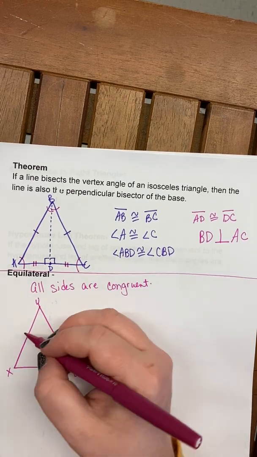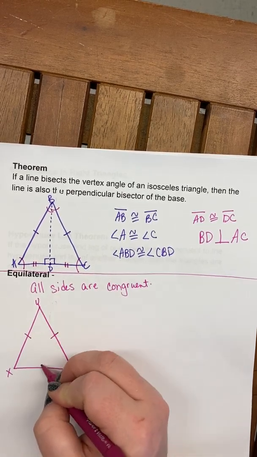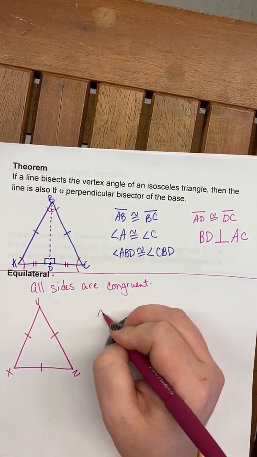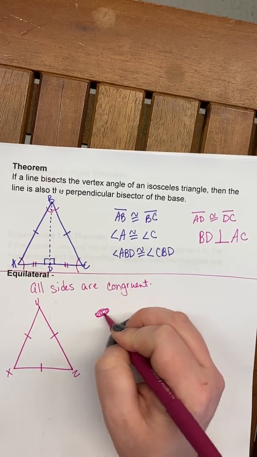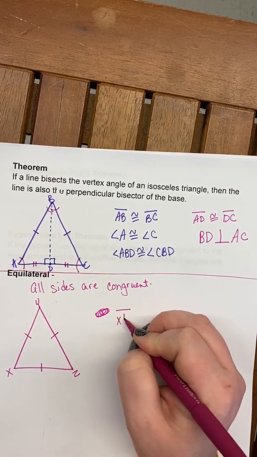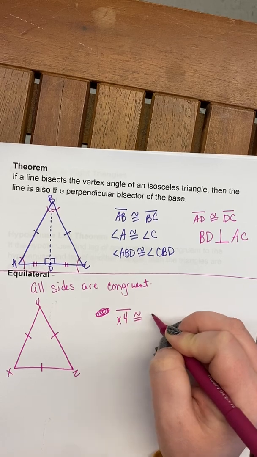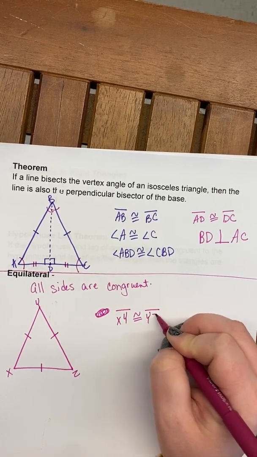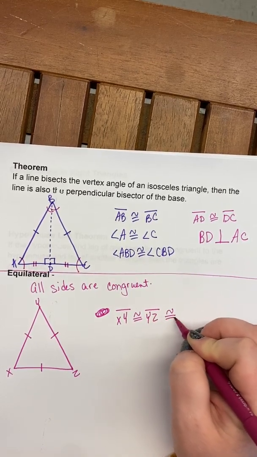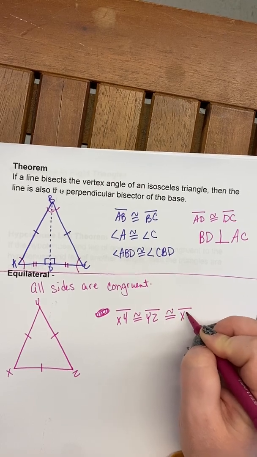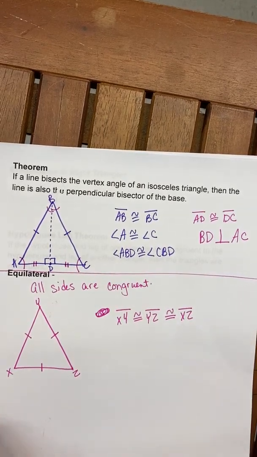Now, if all of our sides are equal on XYZ, then that would mean that side XY is congruent to side YZ is congruent to side XZ. All the sides are equal.